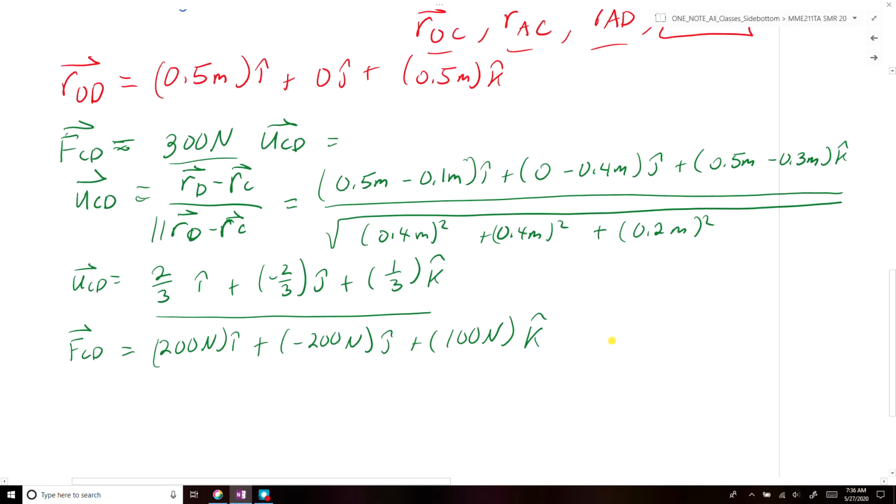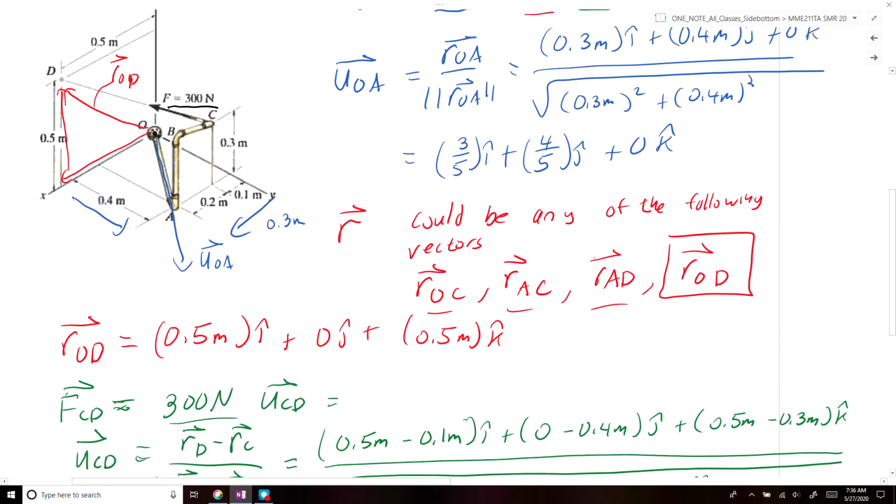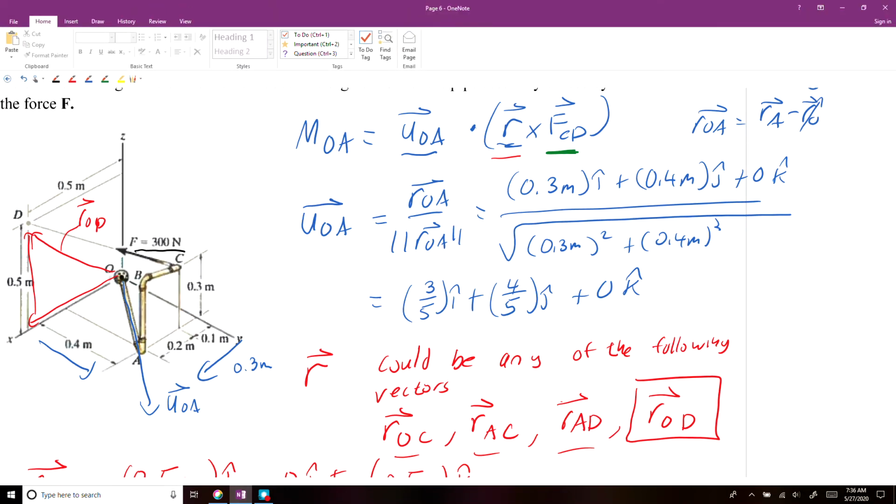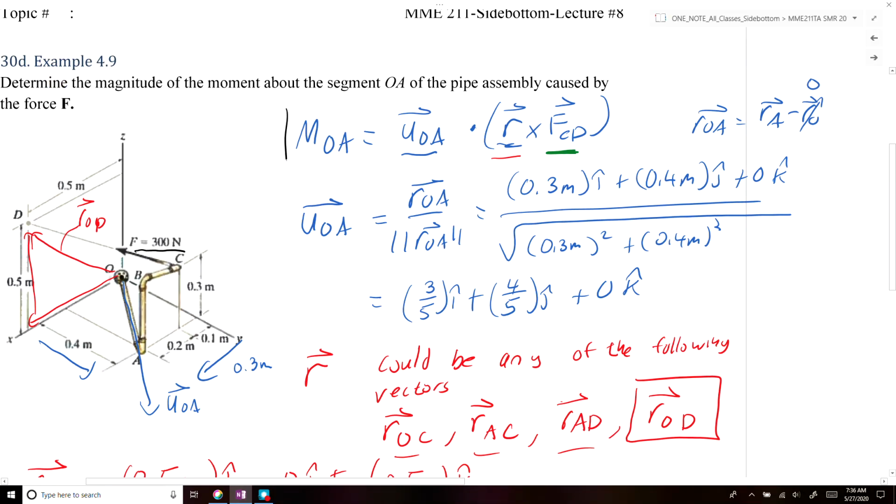All right. So now we're going to plug all these values into our original equation. We have each of the components, so we just plug them in and solve.